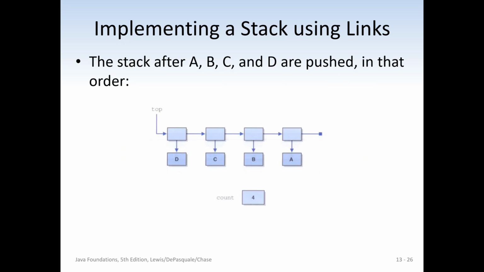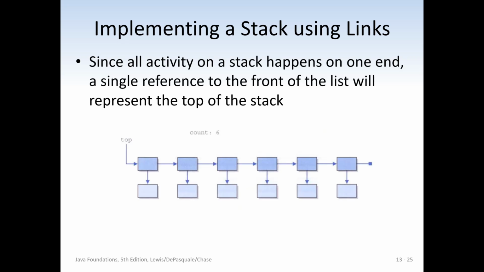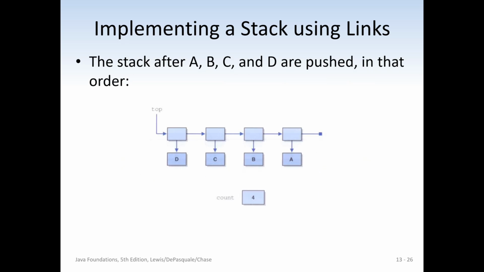All right, so here is our stack, our linked... What are we calling it here? Our linked stack. So we pushed some elements on it, A, B, C, D. So we've pushed A first, B, then C, then D. The count is 4.